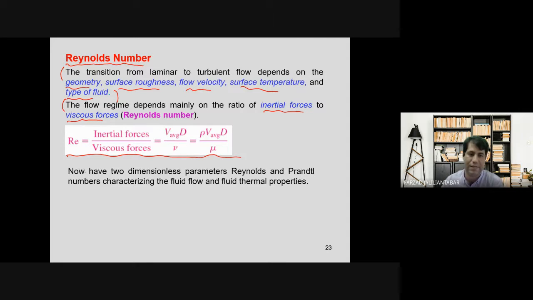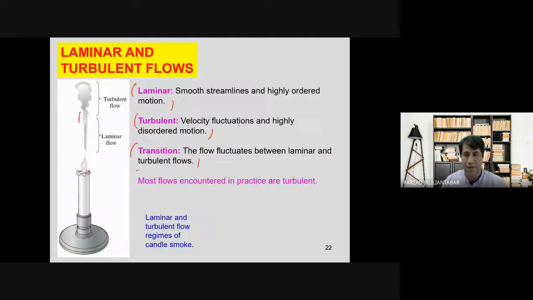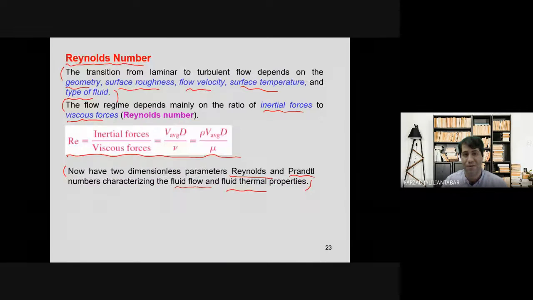So now we have two dimensionless parameters, Reynolds and Prandtl numbers, which can be used to characterize the fluid flow and fluid thermal properties, and we will use these two numbers. You can see they are simple equations. Their values are most often, for the Prandtl number especially, taken from a table. So it is much easier to compare than considering all of these parameters in your calculation.